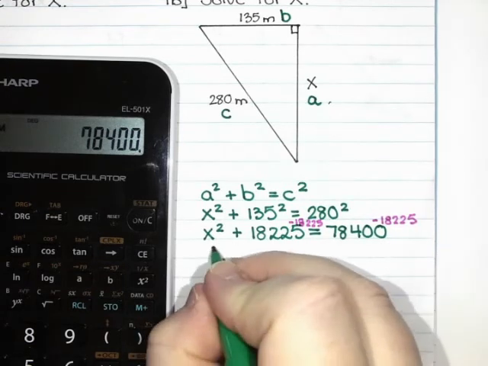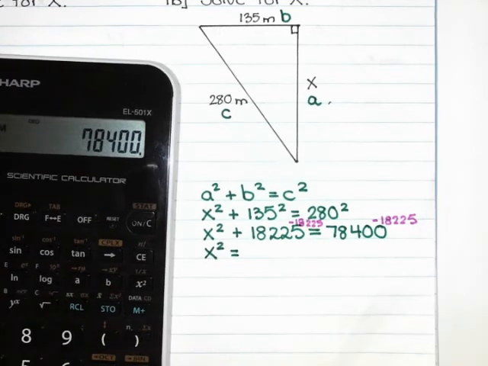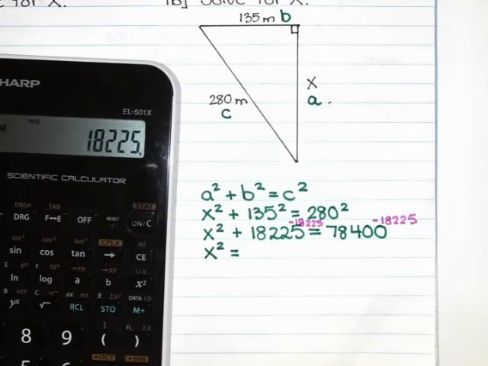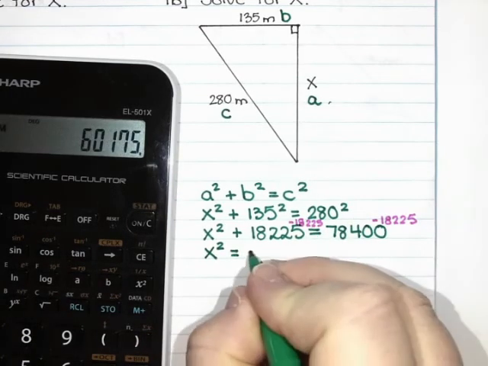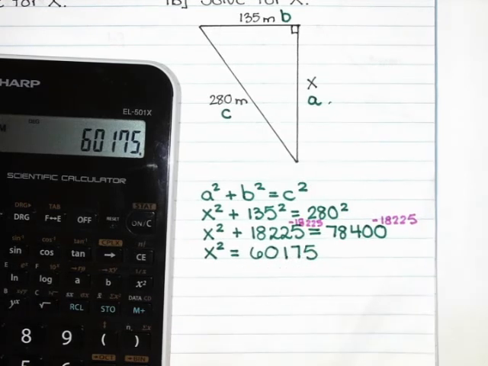So I have x squared equals 78,400 take away 18,225, which gives me 60,175. Now that is still x squared.